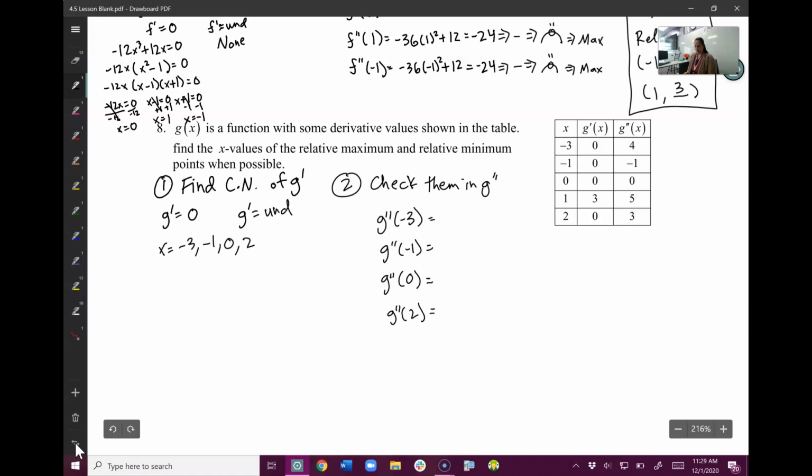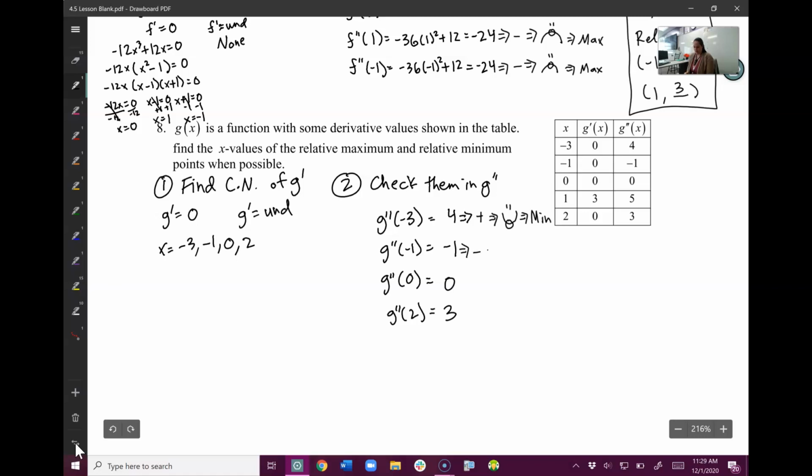So g double prime of -3 right there is 4. G double prime of -1 is -1. G double prime of 0 is 0. And g double prime of 2 is 3. So that one is positive, so that's going to be concave up, smiley face, which is going to be a min.